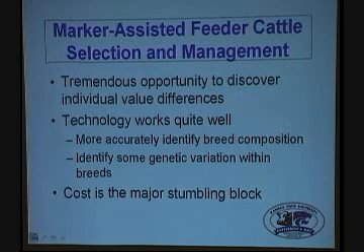I will just take a minute to talk about this, even though this really isn't the subject of my talk, but it's something that I think we'll see more out there, particularly as costs come down. And that's the idea of marker-assisted feeder cattle selection and management. There seems to be some interest in this area and some people working in this area and some application out there in the industry to try to do a better job of value discovery of feeder cattle.